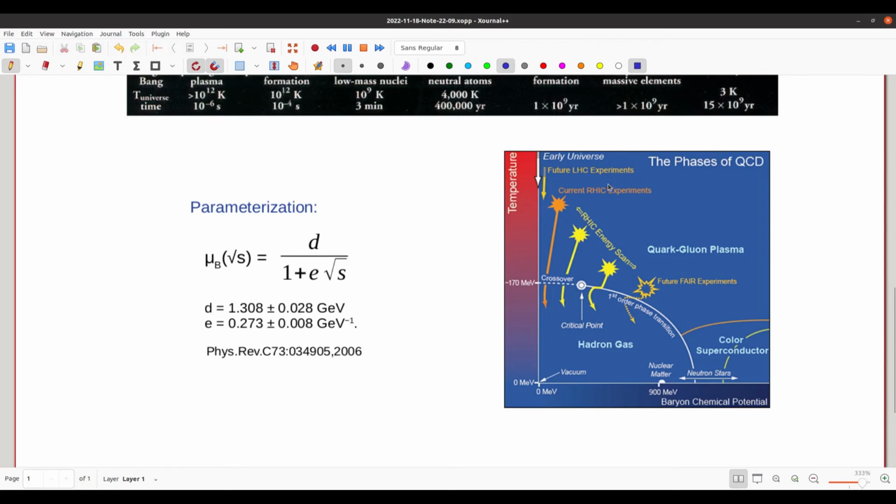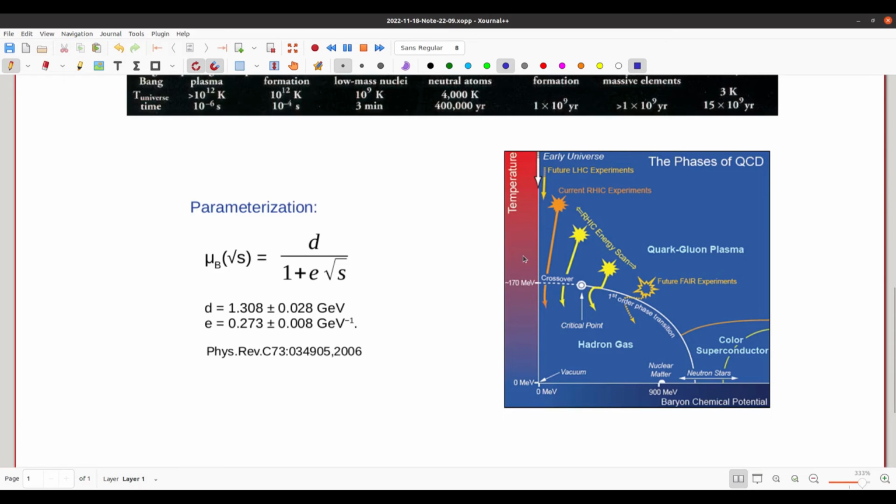However, in the LHC experiments we have a collision energy of tera electron volts, TeV, so it lies at a larger mu b, because if you reduce the energy, you move toward this position, and if you reduce the energy further, you can move to the higher mu b region.